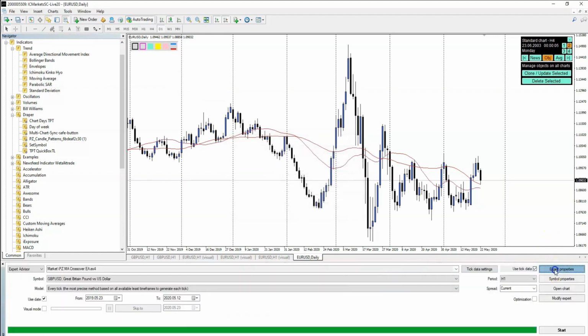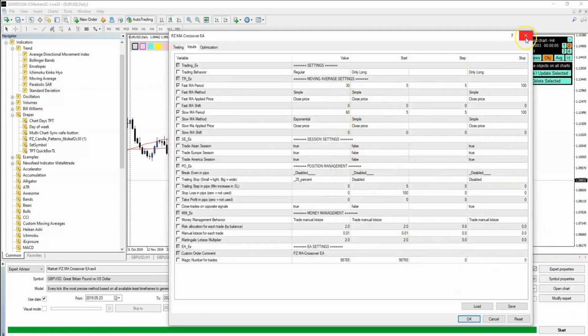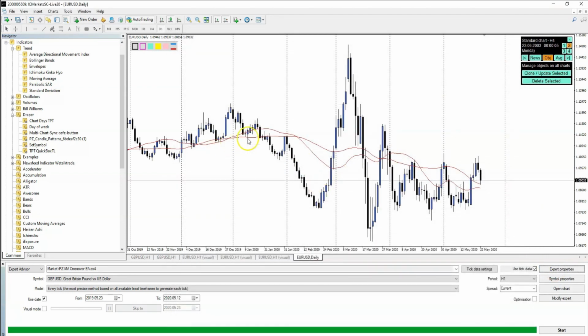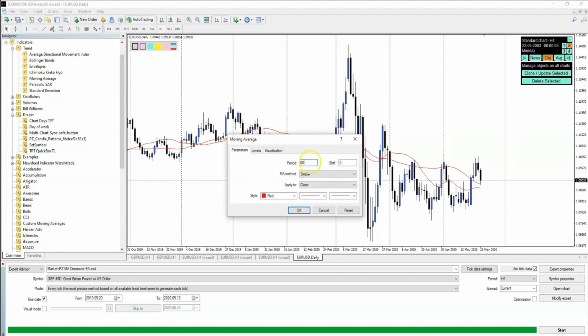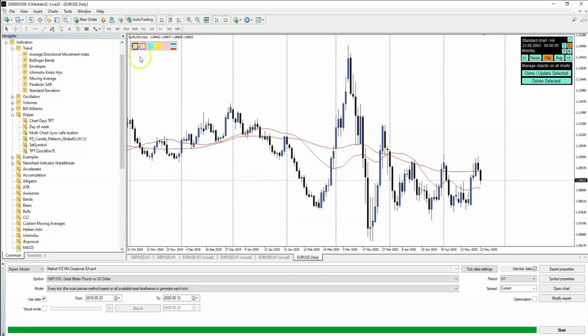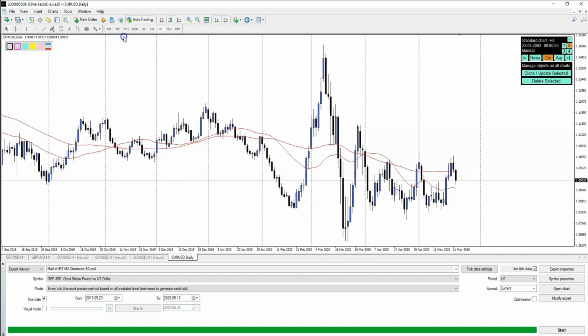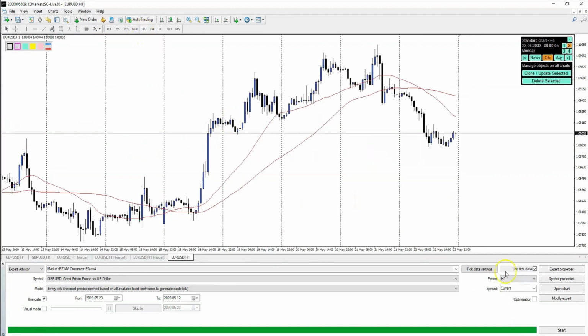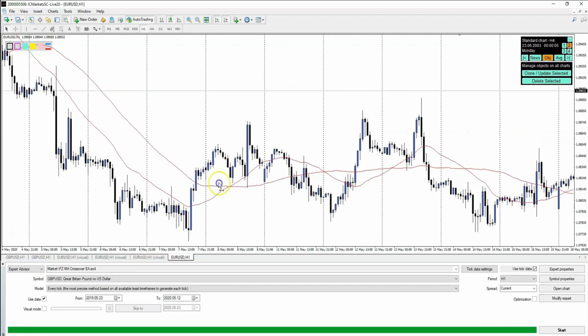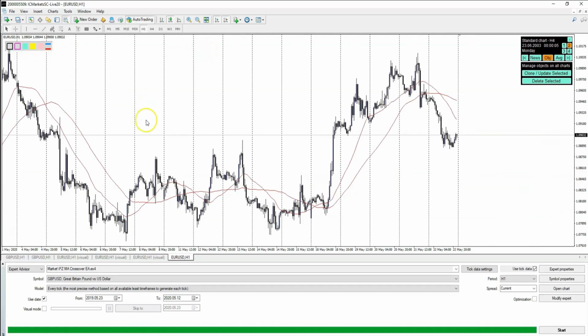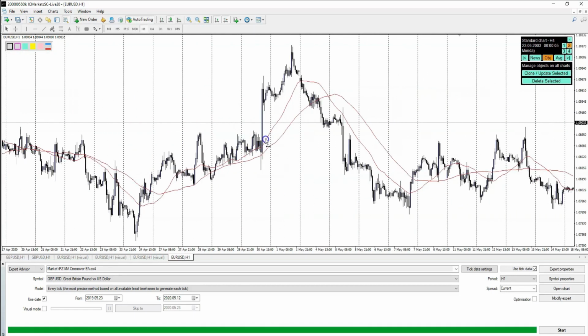Let's take a look. So it was a 30 and a 60 on an H1 time frame. You can see that here, hour 1. So in the last 12 months, if you traded this system, a 30 and a 60, you would have made quite a bit of money.